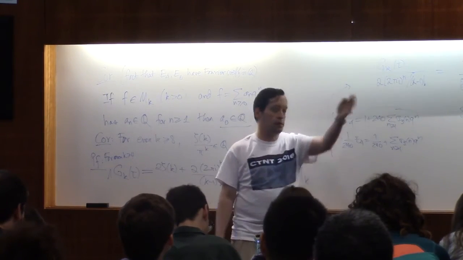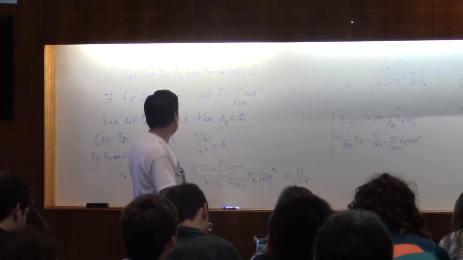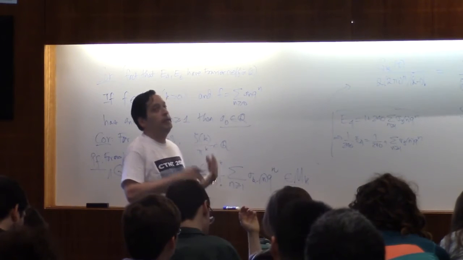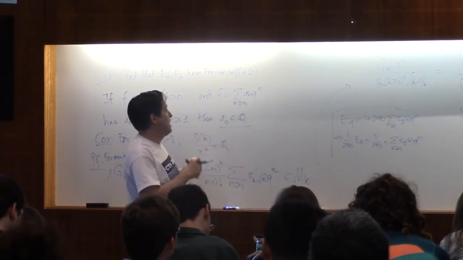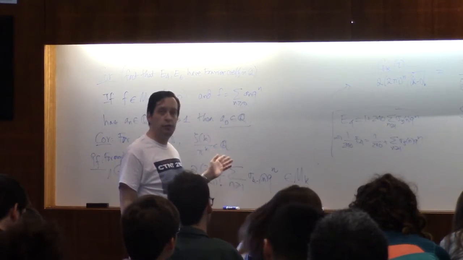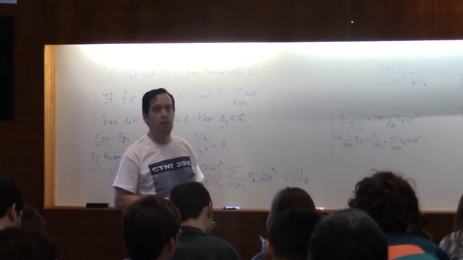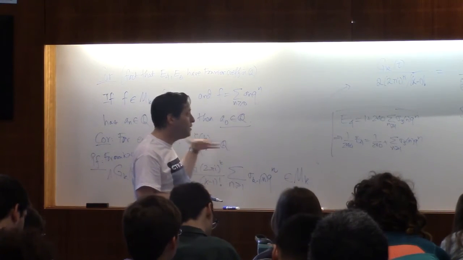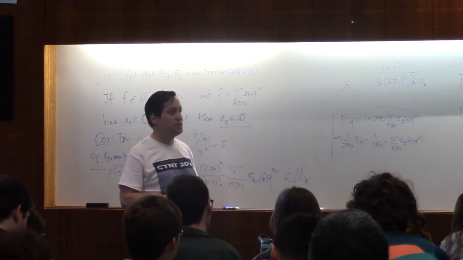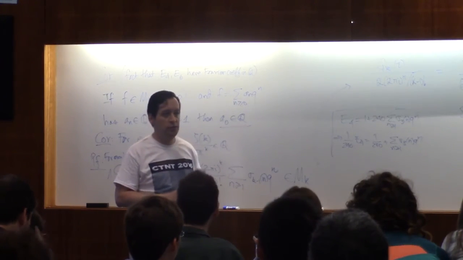So, in terms of the other convenient bases, you can also use this basis to show that if a modular form of some weight has all rational Fourier coefficients, it must be a rational linear combination of this basis. But if a modular form has all integral Fourier coefficients, it does not have to be an integral linear combination of that basis.